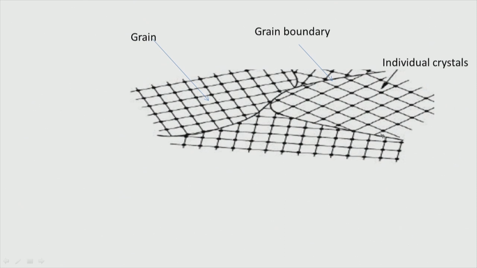These grain boundaries are a little bit weak, and mechanical engineering studies talk about this a lot, so we will not go into it. But if you take a crystal and look under a very high resolution microscope, we can see these grain boundaries, where the strength could be much lesser, and there could be movement and so on.